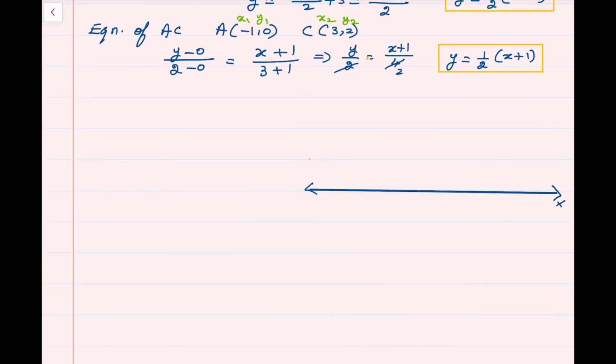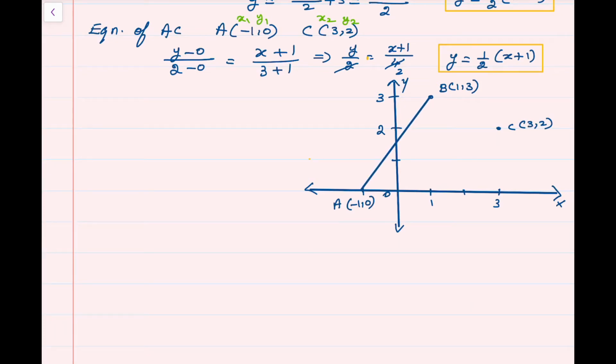Drawing the figure is so easy because the three vertices are given. The first vertex A is minus 1, 0. The second vertex is 1, 3, which is B. And the third vertex C is 3, 2. Let us join these 3 points. This is the AB line.